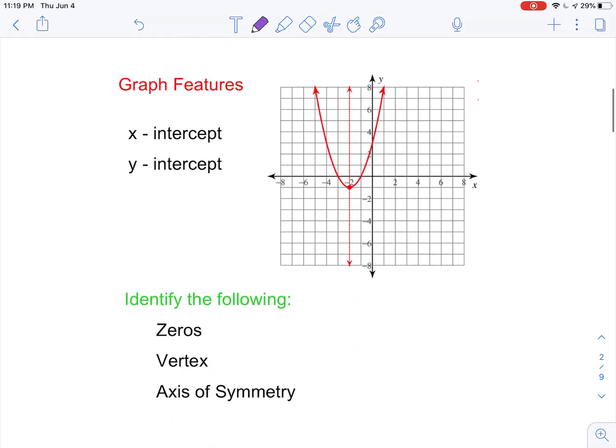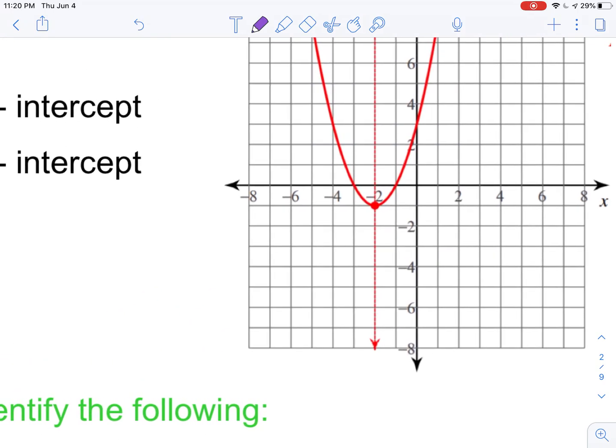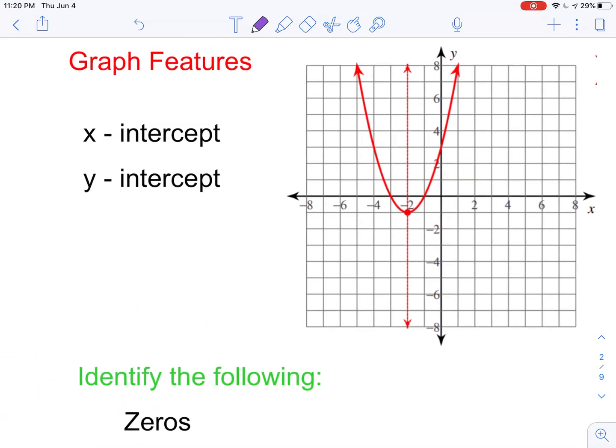Now, this is a linear function. x and y intercepts also occur in parabolas or our quadratic functions. They occur in many different functions that we're going to be looking at. So if they ever ask you for the x and y intercept, it's the same concept, right? The x-intercept is the place where we cross our x-axis, which in this case, there's actually 2 points that satisfy that.